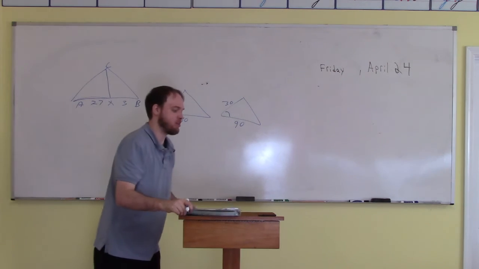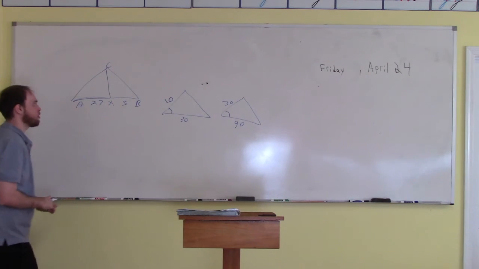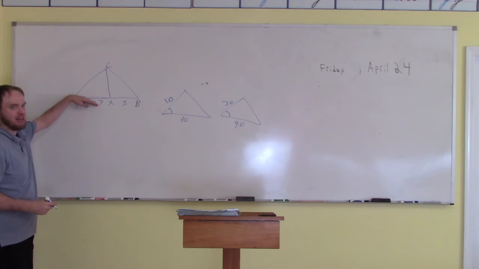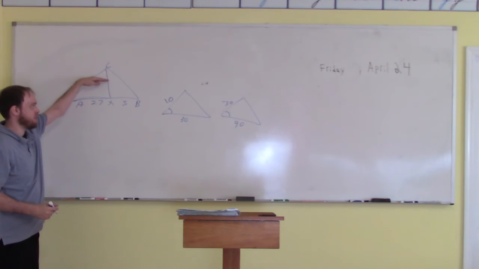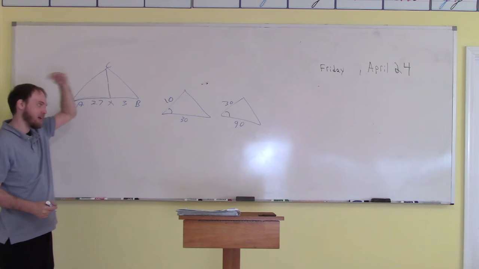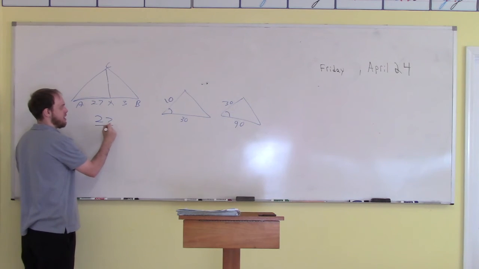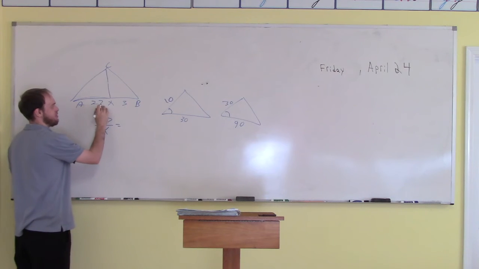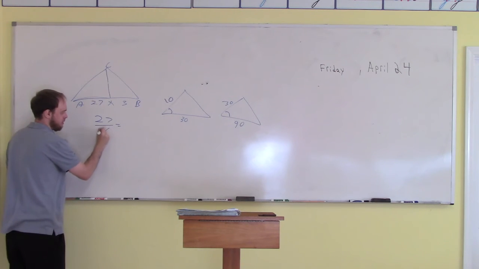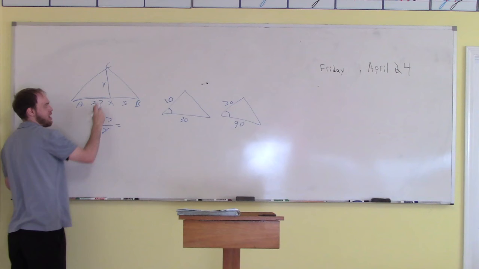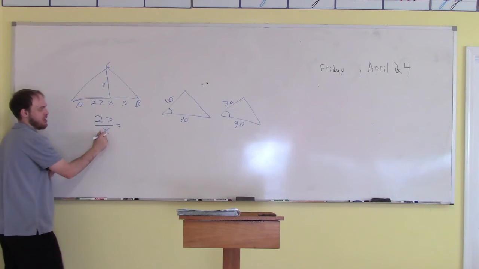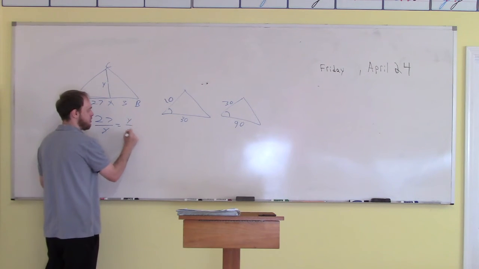And so remember here, our proportion for this theorem said that the segment to the altitude is the same as the altitude to the other segment, and so you would set up 27 over, I'll say that length is Y, so 27 over Y equals Y over 3.